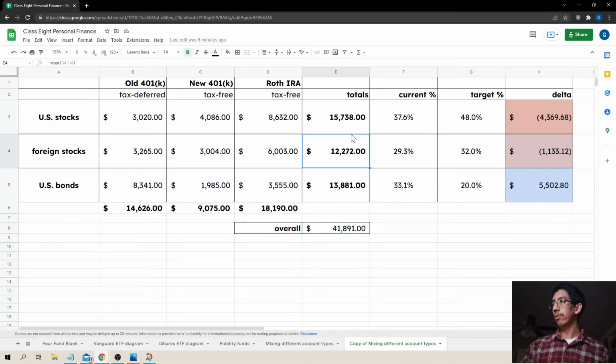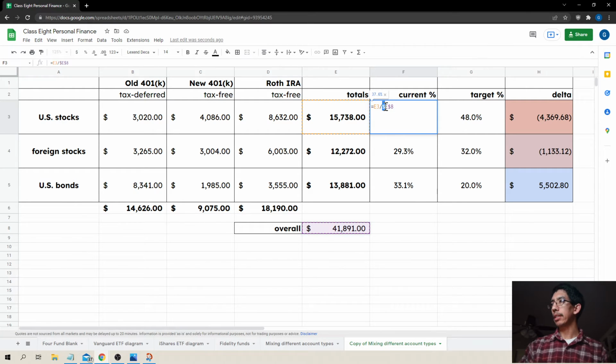So B3 through D3 for that sum, B4 through D4, B5 through D5 for this one. And that's easy enough if you're constructing it yourself when you just drag like so. This right here, it's the sum of these three, E3 through E5, and so on. Percentages, easy enough because you have your numerator being the sum total of this row right here, and you're dividing by the overall amount of the portfolio.